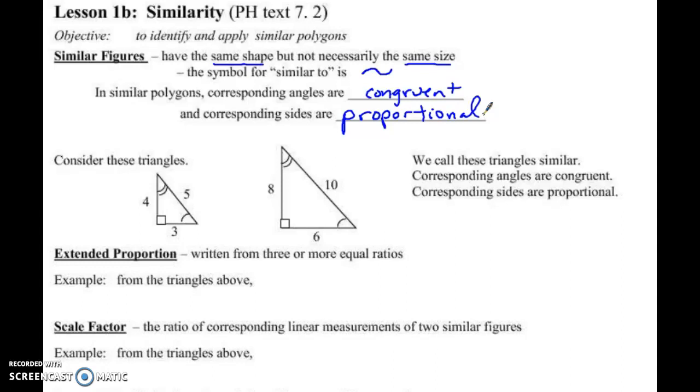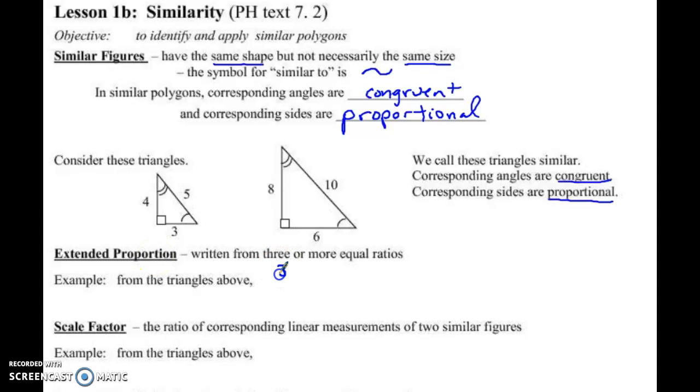Give you an example. Here we have a single hash mark, double hash mark, right angle, and right angle. So we know that the corresponding angles are going to be congruent. And let's look at our sides, 3, 4, 5. So if I set this up, the sides are going to be proportional. I'm going to write an extended proportion here.